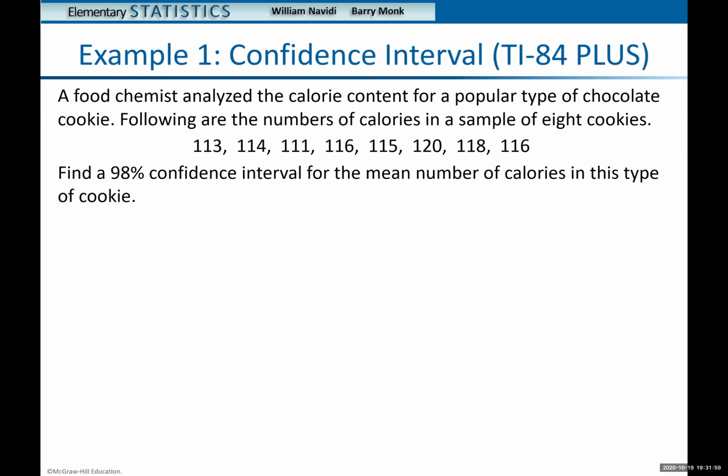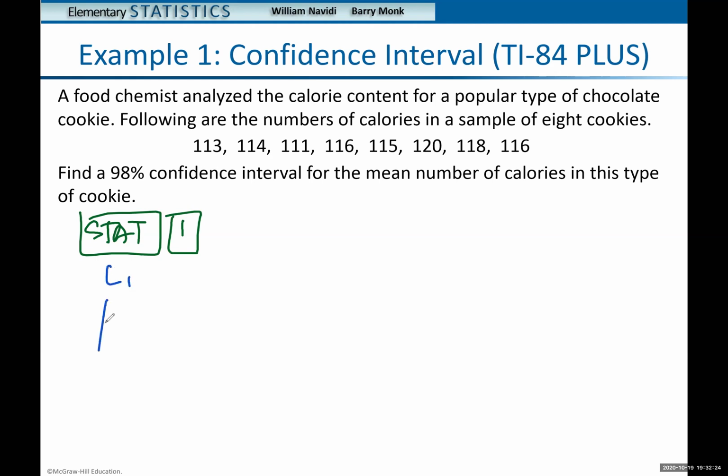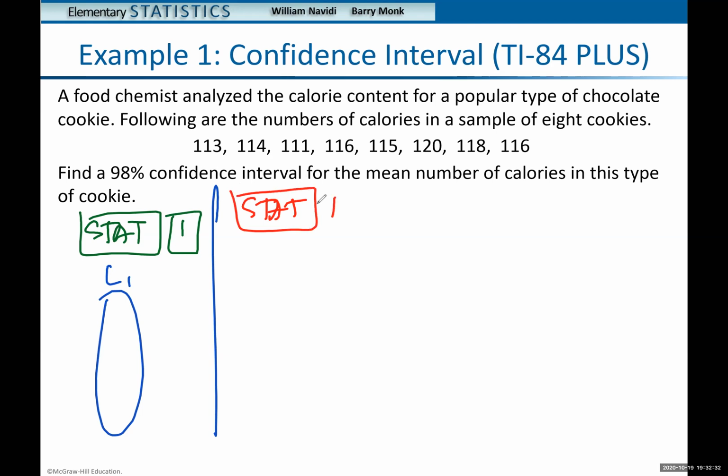To solve that, again, stat, 1, enter all these numbers into L1. After that, you have stat, test, t-interval.